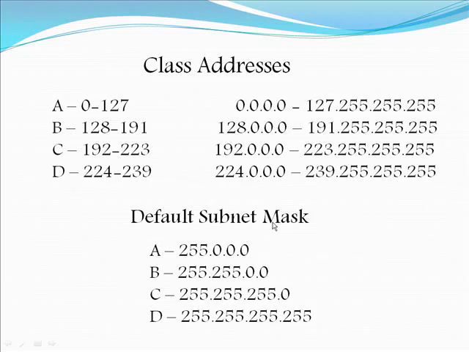Now here you have the default subnet mask. Each one of these has its own default subnet mask. A class is 255.0.0.0. B class has 255.255.0.0. And then C, like I said earlier, has 3 255s followed by 0. And then your D class is all maxed out with 4 255s.